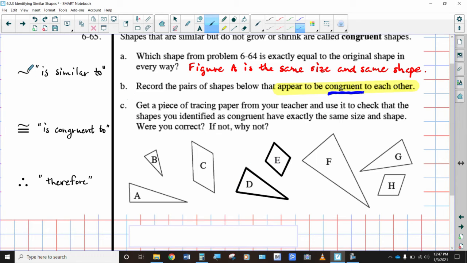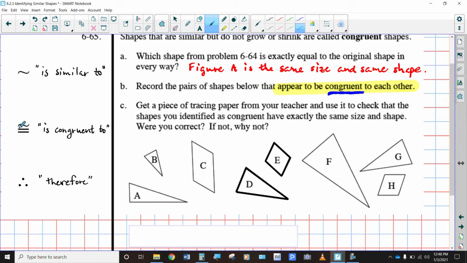Now, I decided I was going to throw these three symbols in. You might want to write these down because in geometry, we use slightly different symbols to represent phrases that we use a lot. This little wave, which looks like a reflected sideways S, means is similar to.